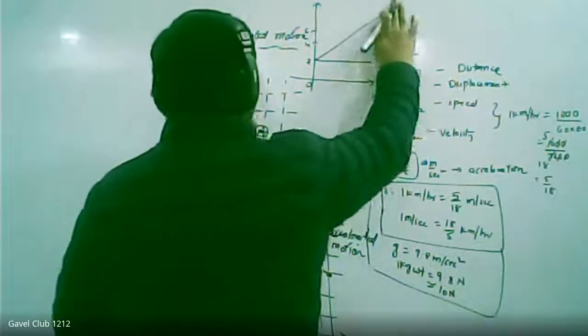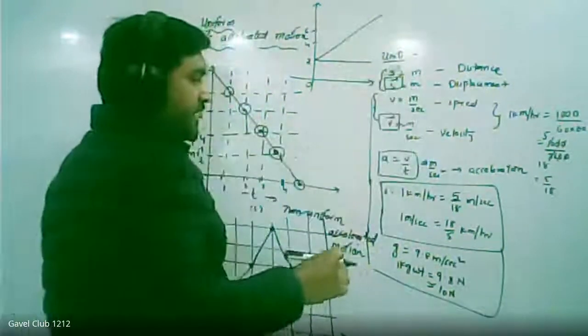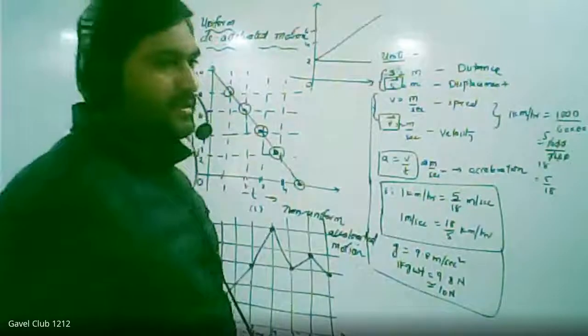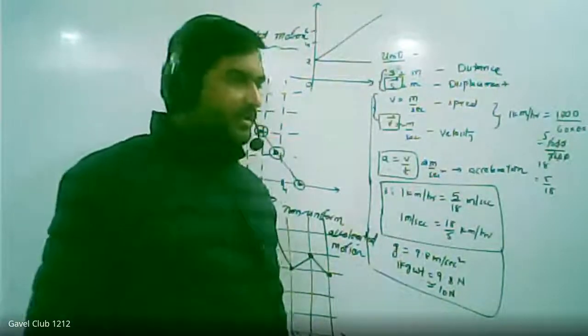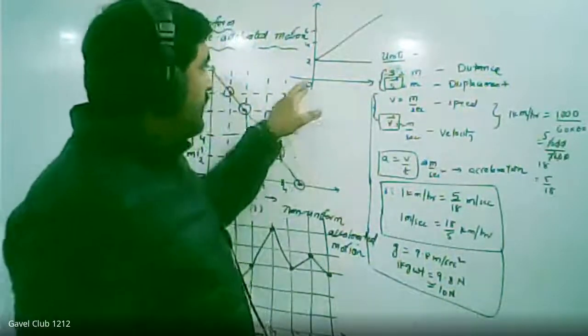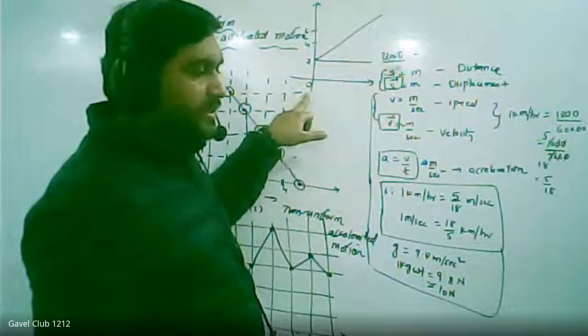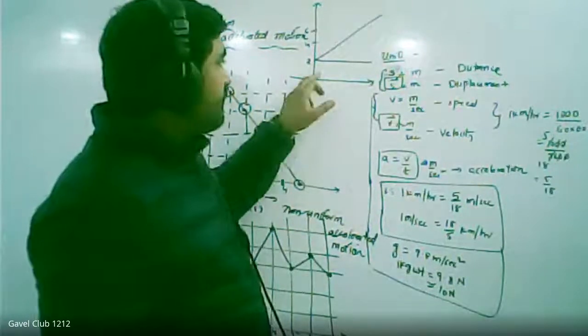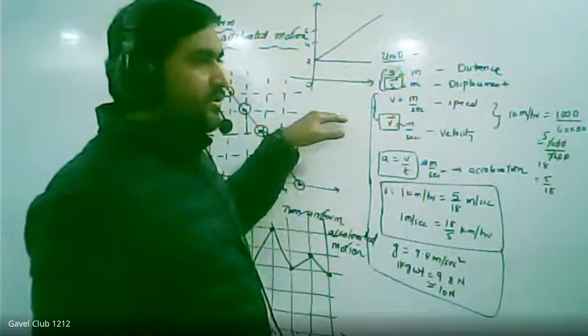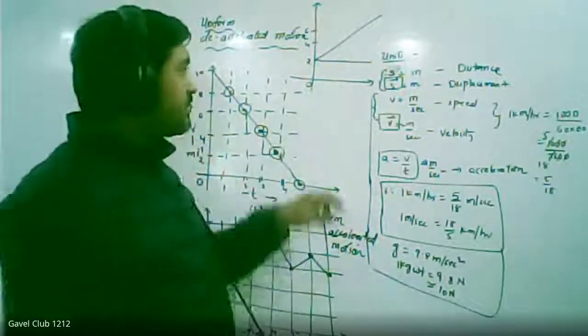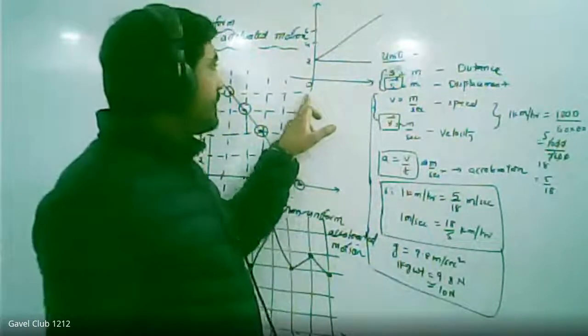This kind of graph we say is the fifth category of graph, where the object is moving, but it's not at rest initially. So it is uniform accelerated motion, but the object is not at rest. Because it's not starting from zero, it is starting with a certain velocity.